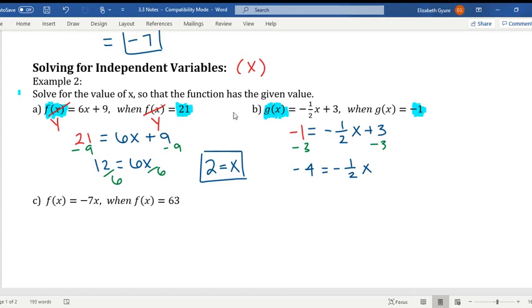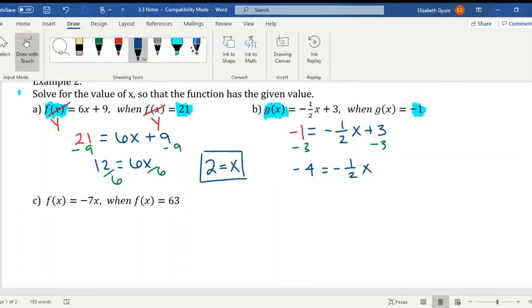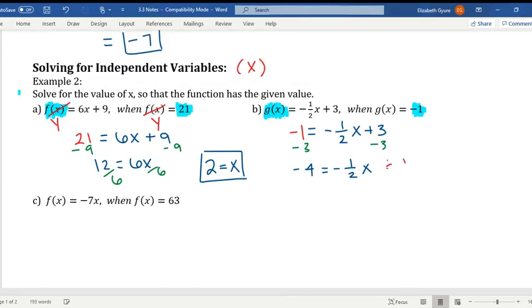Now, opposite operations again. I know that with fractions, we did this a couple weeks ago. If you're multiplying by -1/2, the opposite of multiplying is dividing. So we are going to divide both sides by -1/2, don't forget about the negative.